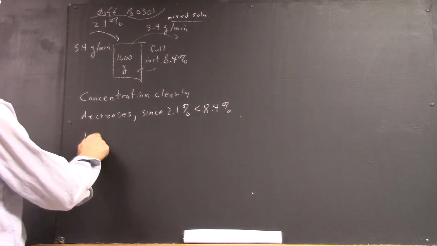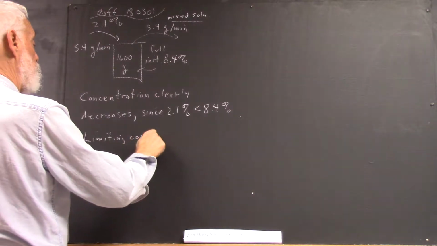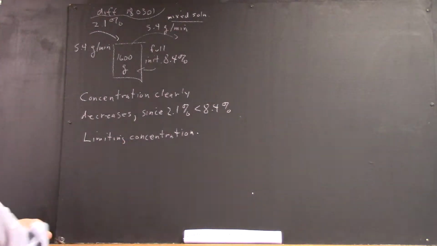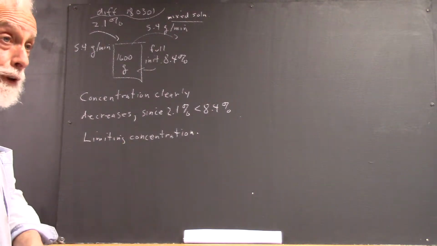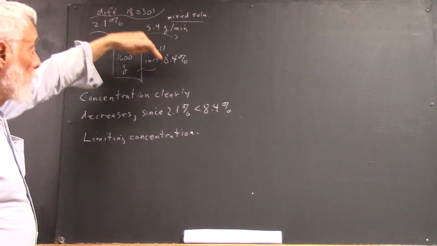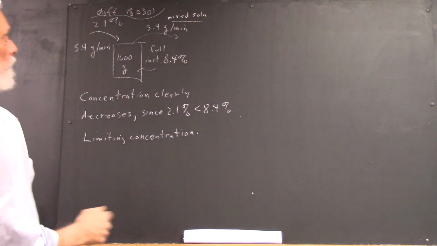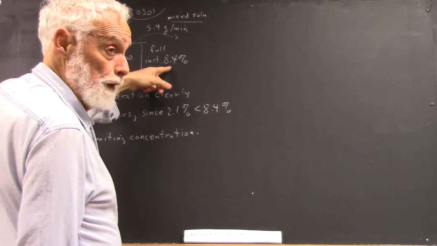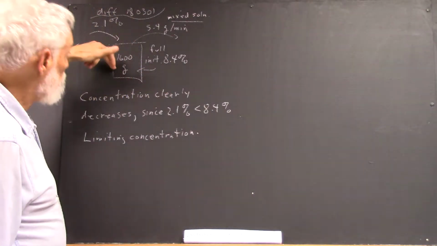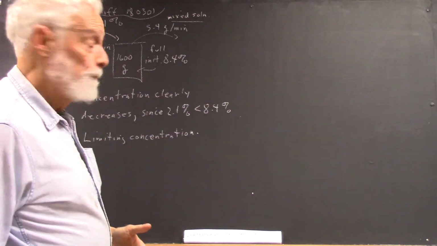Limiting concentration. Well, the concentration can't ever go below 2.1%, because you're always putting 2.1% solution in and you're starting with more than 2.1%. So the concentration will always, after the initial instant, be less than 8.4%, because you mix this 2.1% solution in, some overflows, and all of a sudden you have less than 8.4%.